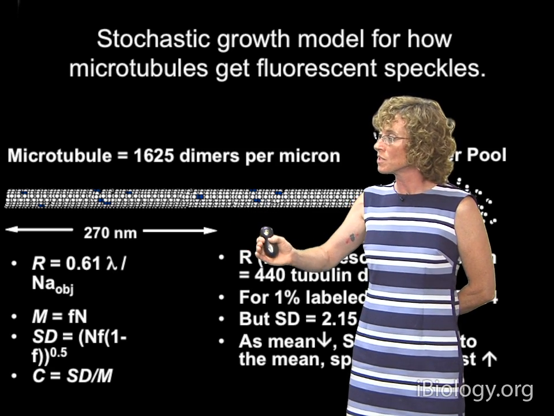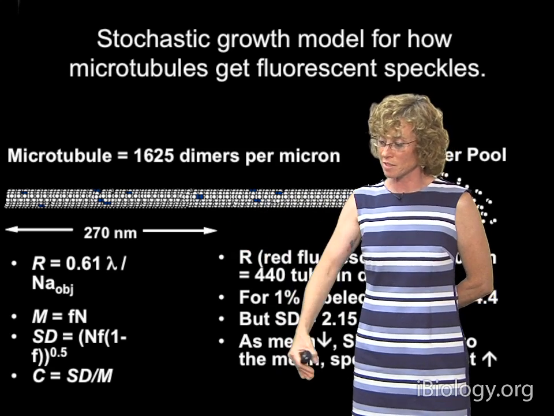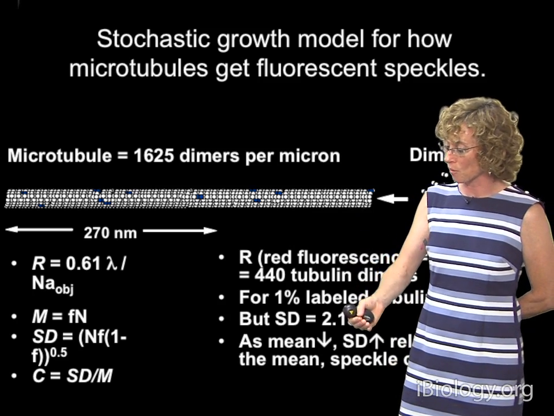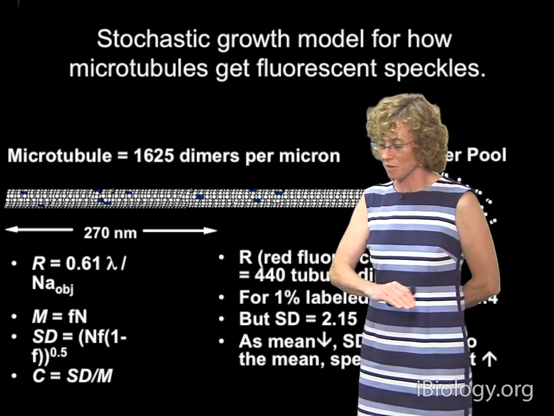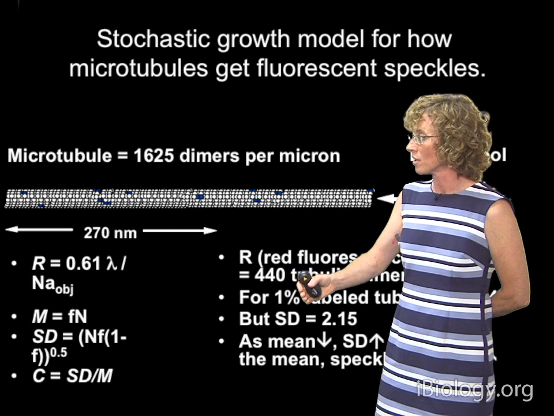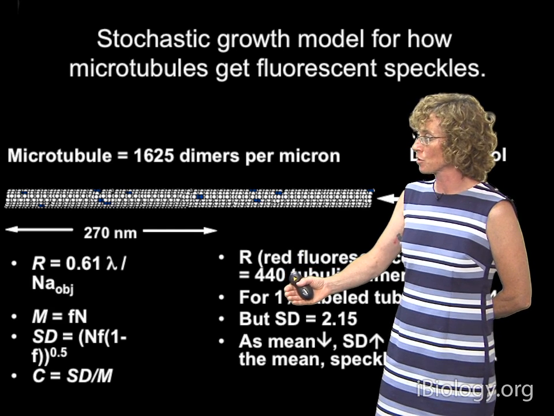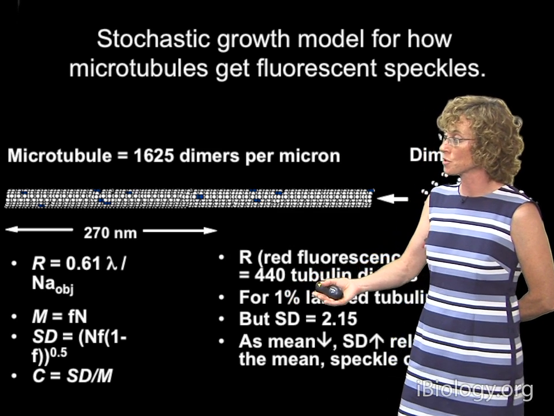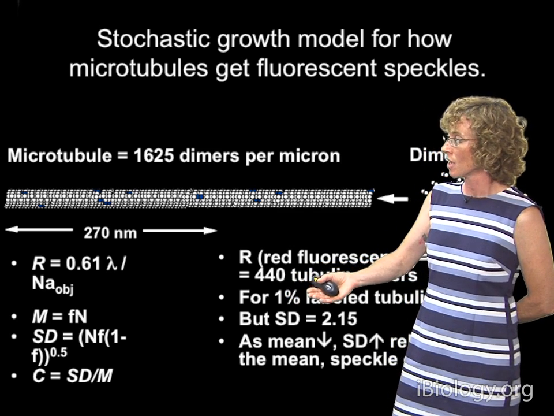If you just assumed that every 440 dimers there was one fluorescent dimer incorporating, that would give you a mean fluorescence of the brightness of one dimer, okay? Now, for 1% labeled tubulin, that would be 4.4 or 4 dimers per 270 nanometers.